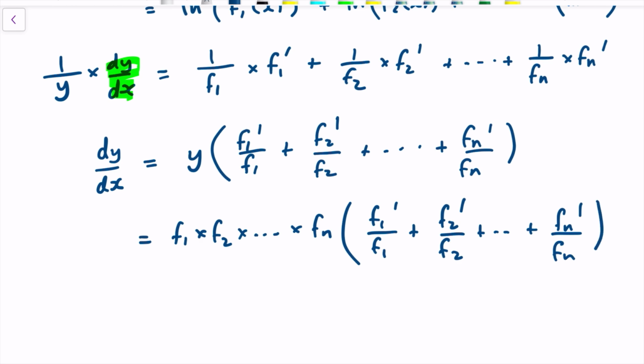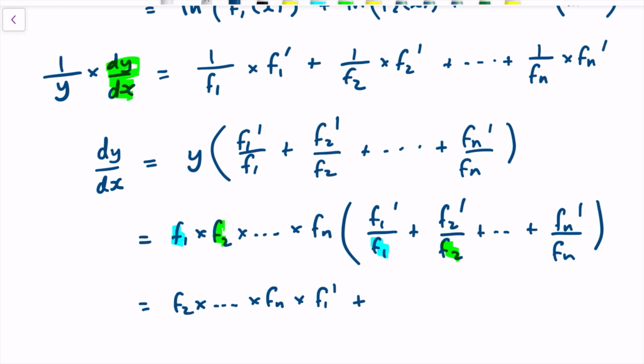That simplifies because the denominator of the first term's f1, which would knock off that f1, and then the denominator of the next one was f2, which would knock off that f2. So we'd end up with f2 times all the way up to fn times f1 dash for the first term.